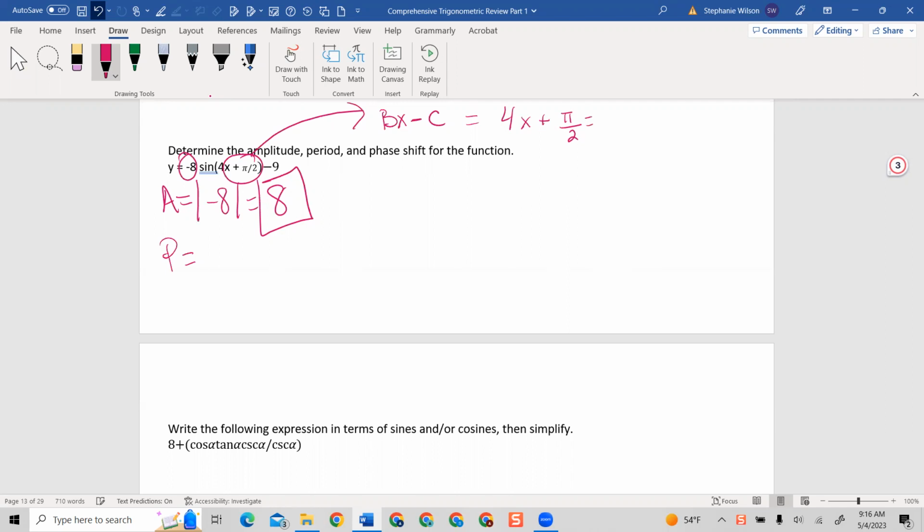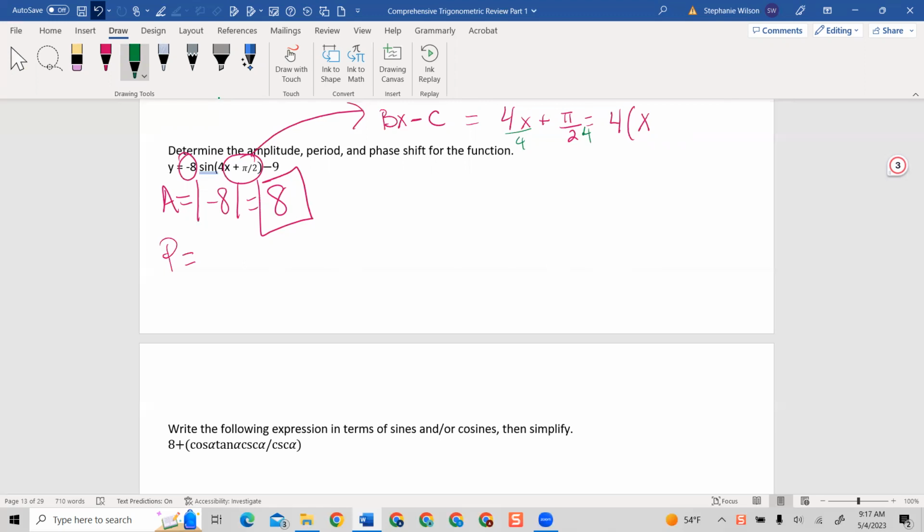So I'm going to have 4 times x, so it's the same as saying I'm going to divide all of this by 4. So now I get 4 over 4.